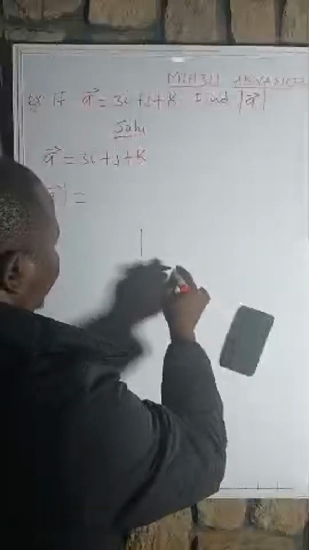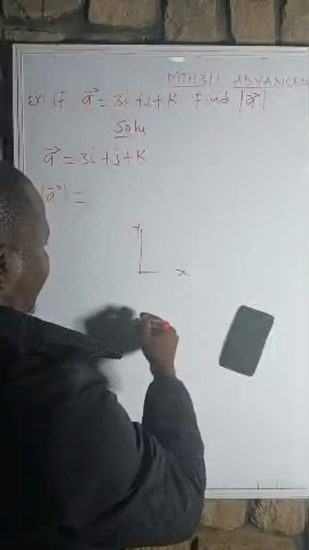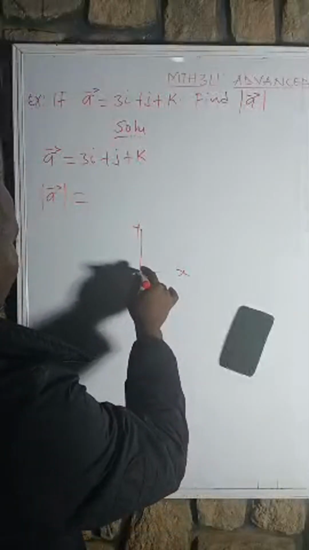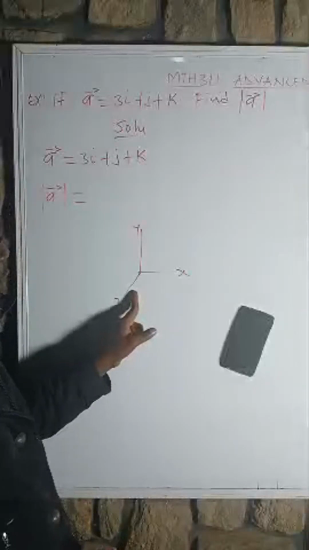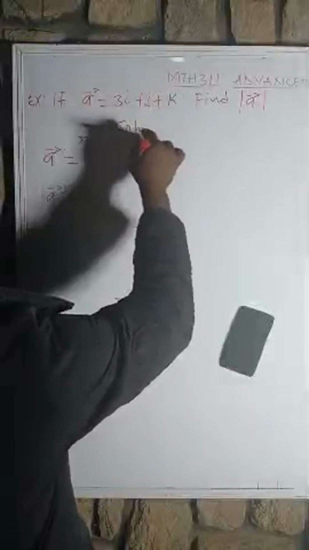In geometry, when we have y and x, we call it what? Two-coordinate geometry, true or false? Then by the time we now have z, this is three-coordinate geometry, a three-coordinate system. So this is our x, this is y, and this is z. Is that clear?